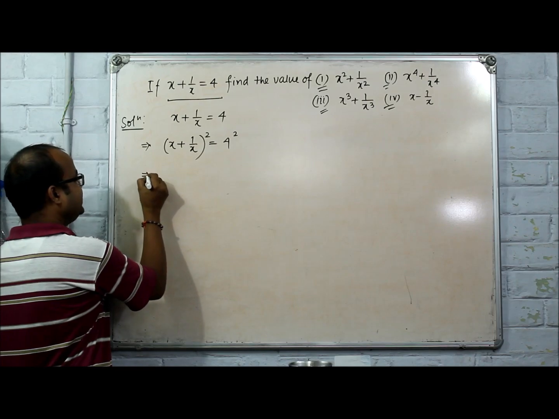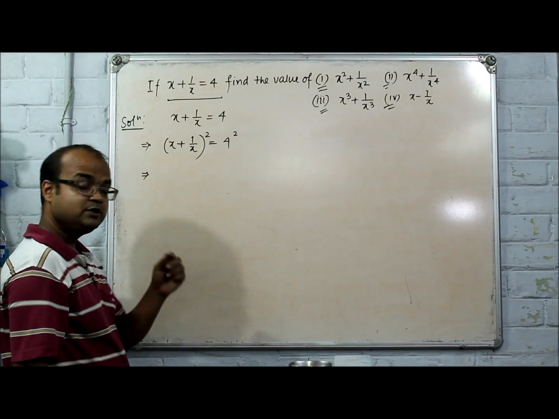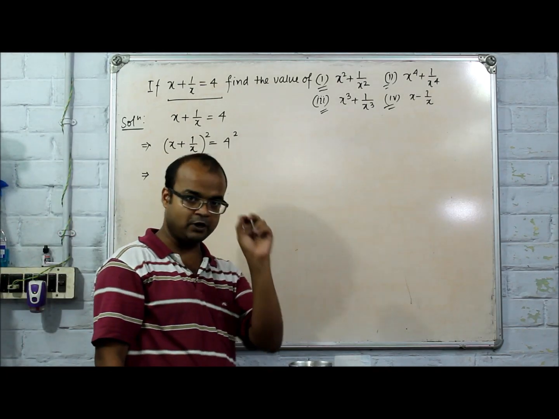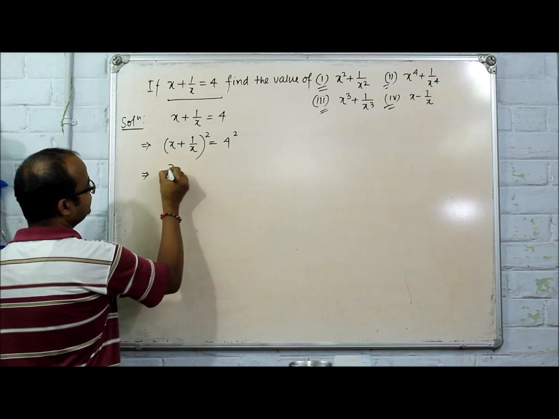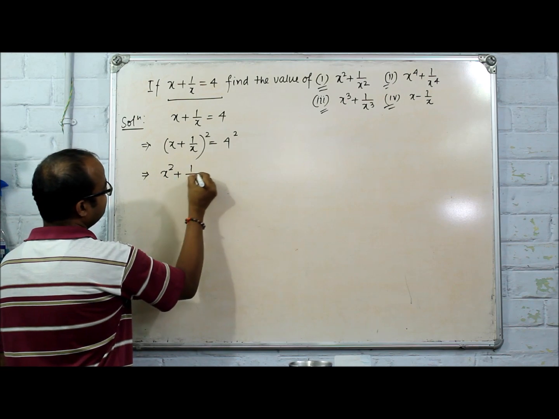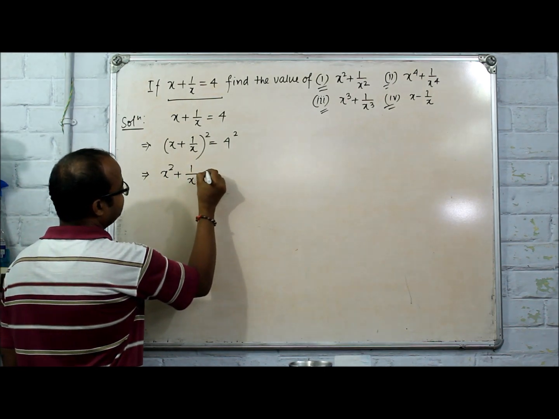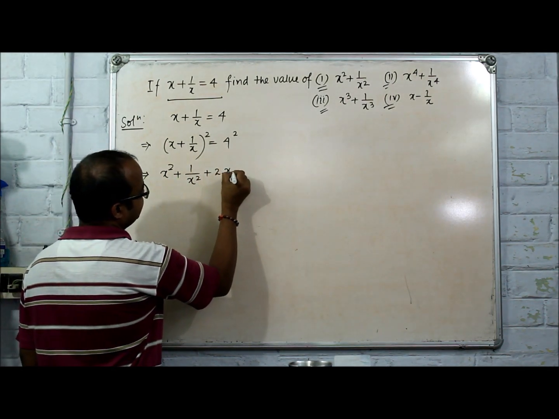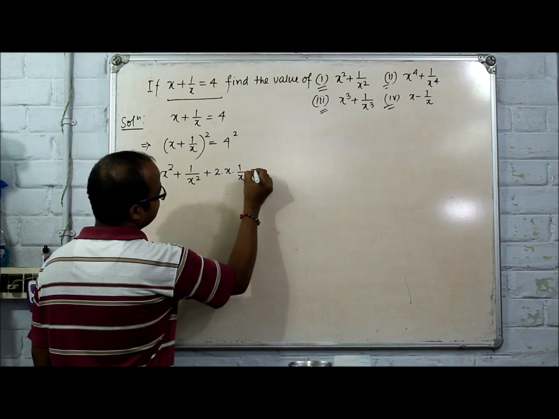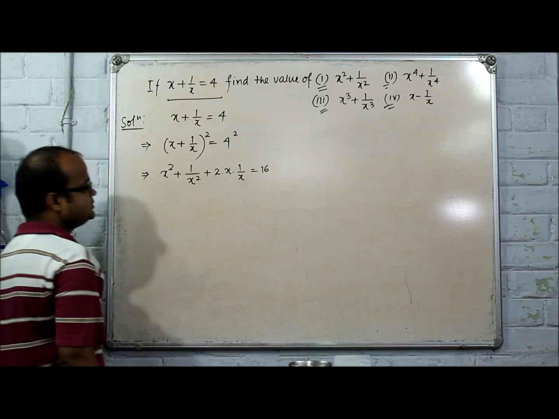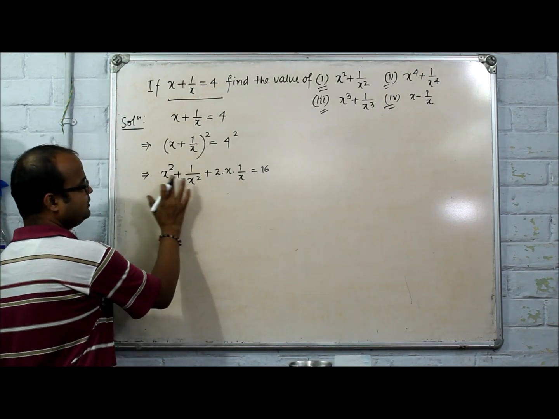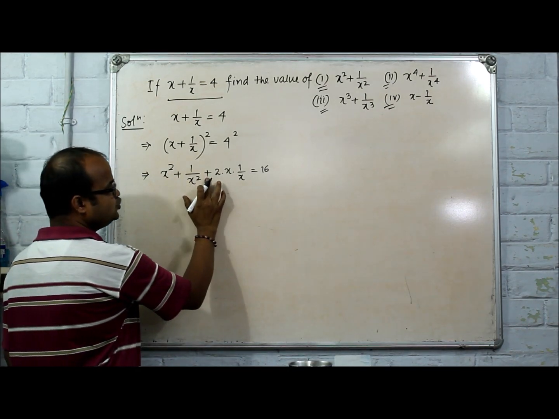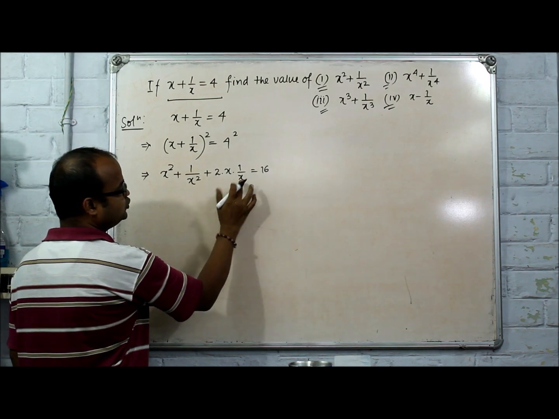Now apply the formula of (a plus b) whole square. So you will get x square plus 1 by x square plus 2 into x into 1 by x is equal to 4 square, that is equal to 16. That is a square plus b square plus 2 into a into b.